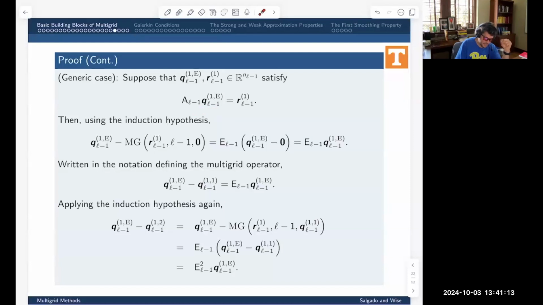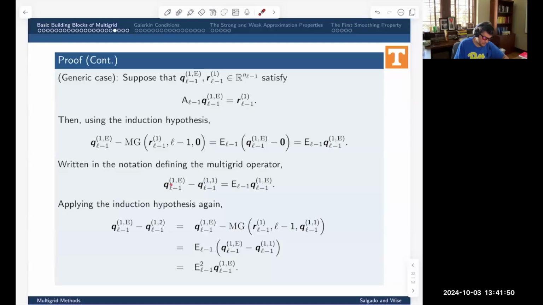Then what we should get is the error E_{L-1} times the true solution minus the initial, but this is just this exact coarse grid correction because our initial guess was 0. So that's given to us by the induction hypothesis. Now, let's write this in terms of the definitions that we introduced, or the notation we use in defining the multigrid operator.